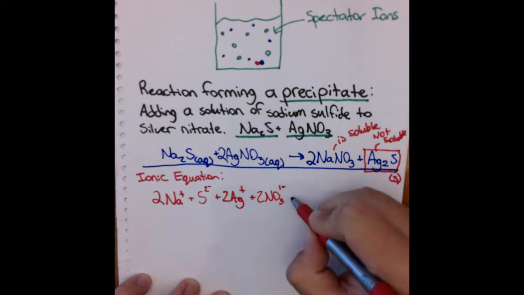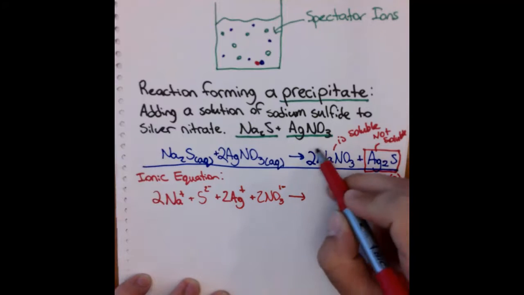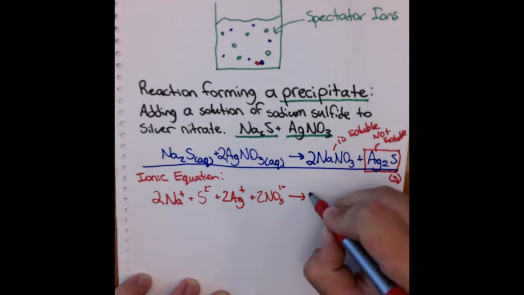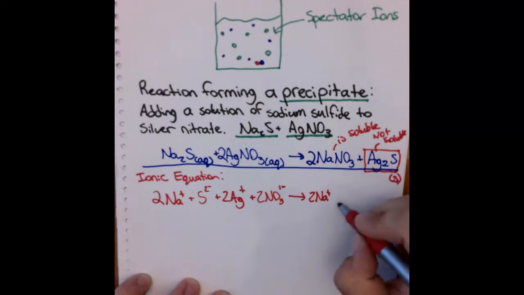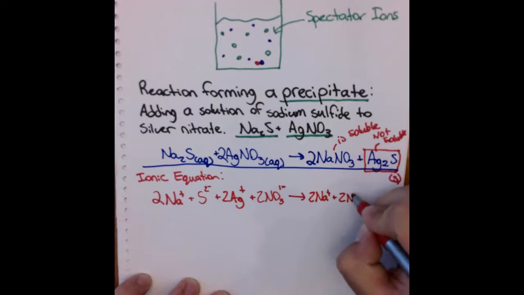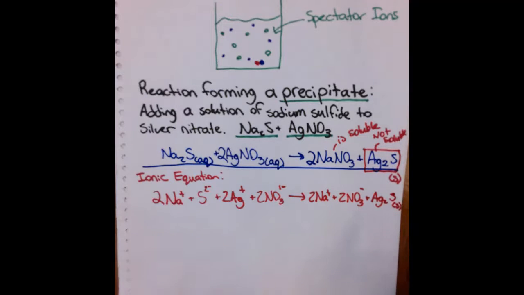And that is all going to react to produce 2 Na+, 2 NO3-, and because this is a solid, it is going to stay together. So it's going to make an Ag2S solid, or a precipitate.